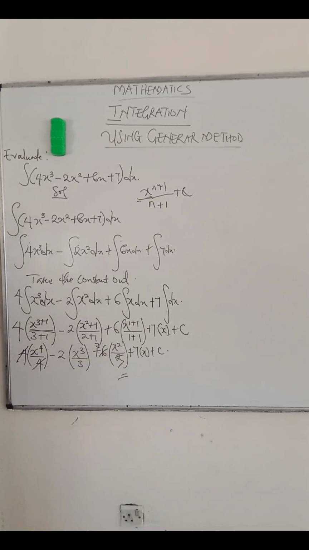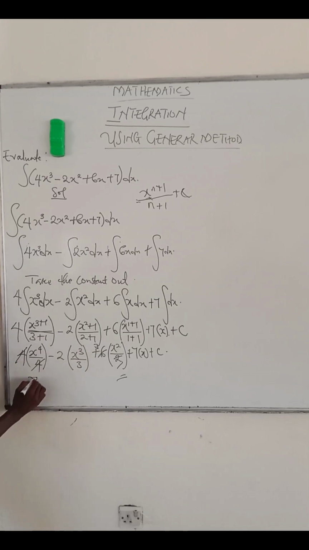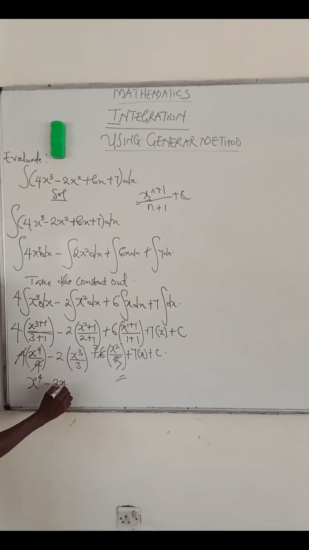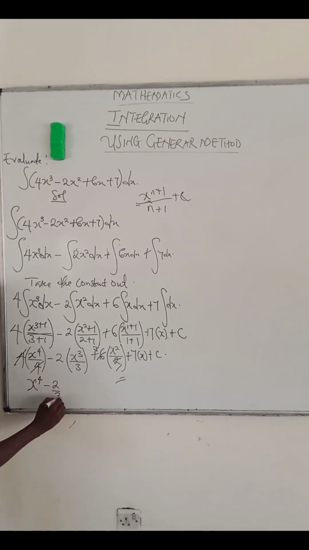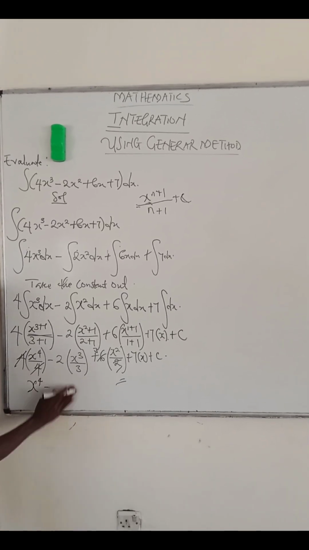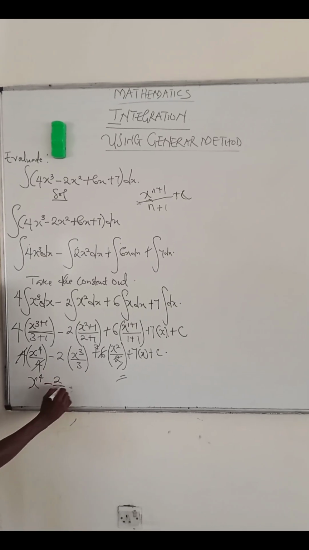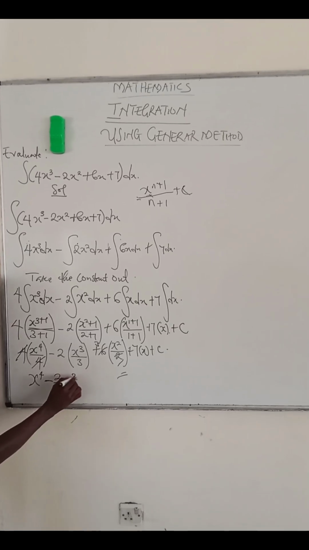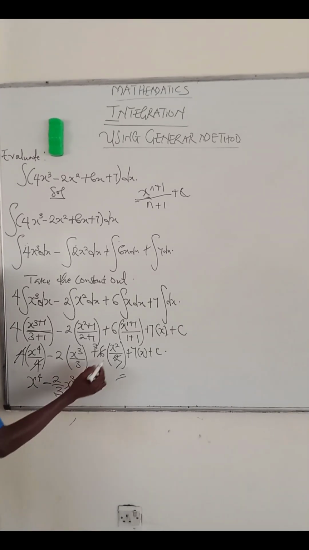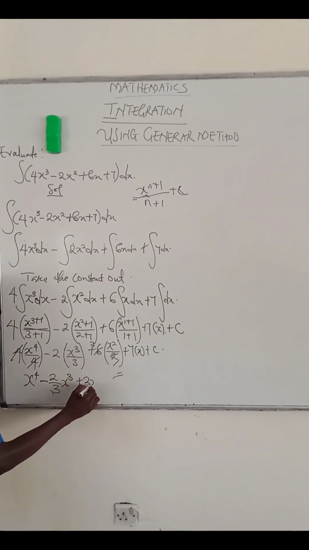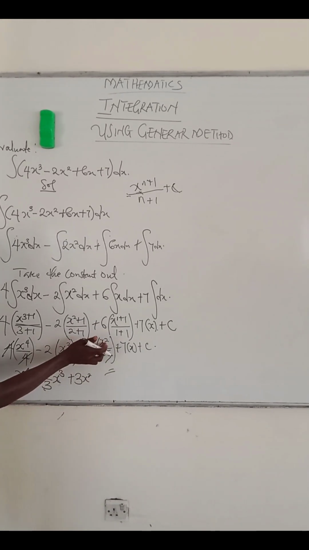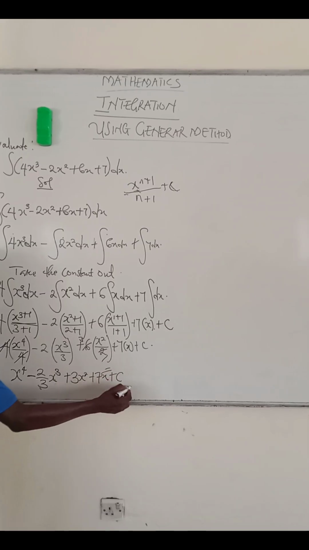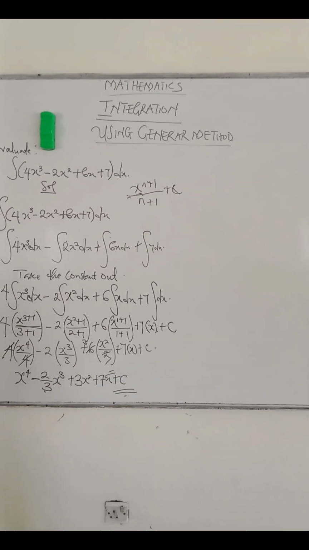So you are going to have s raised to power 4, minus 2 over 3 s cubed, plus 3s squared, you know 3 is multiplying the s squared, plus 7s, plus c. So that is your final answer.